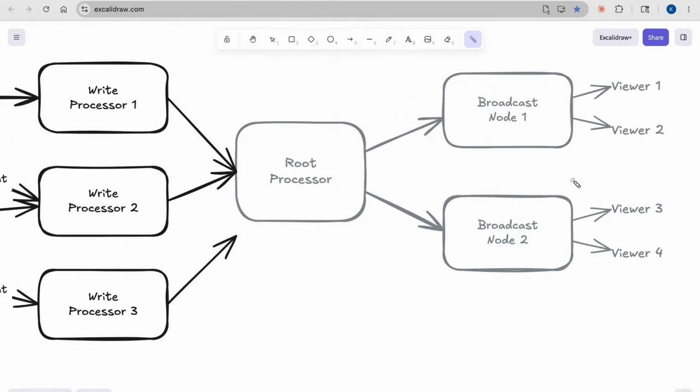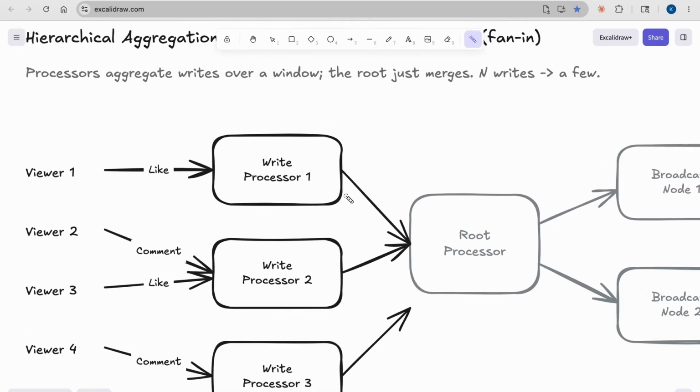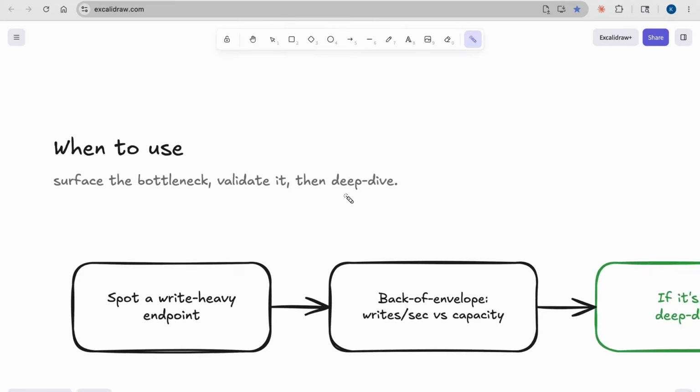I know this introduces some latency by adding steps in between, like the root processor, but that's actually the core of hierarchical aggregation, and it really helps us handle such scenarios. These are the approaches we can adopt to solve this scaling writes problem, and depending on the situation we adapt the one that helps solve the problem.